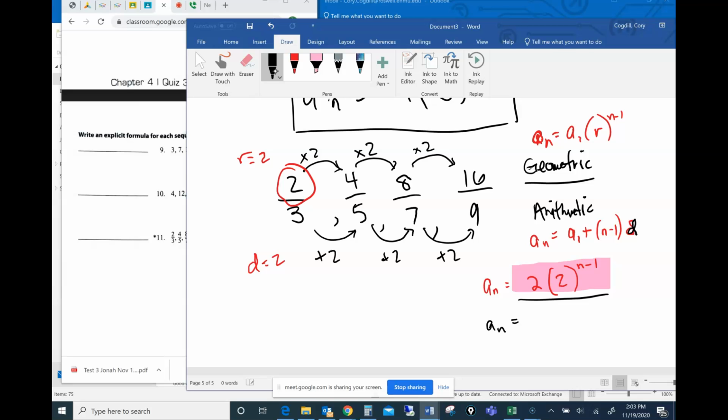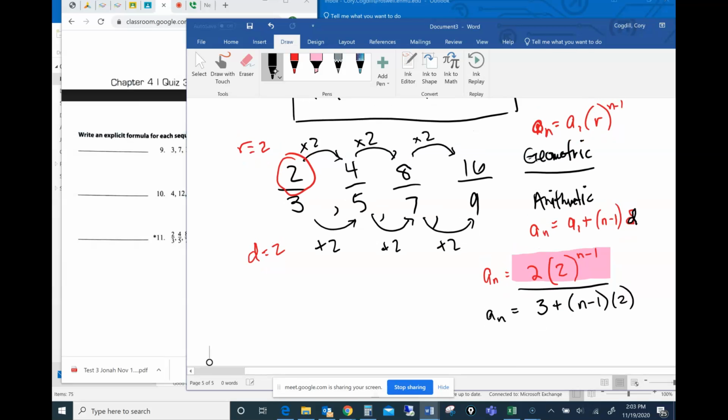So a1 is 3, and d is plus 2. d is 2, right? So can we simplify that a little bit? Distribute. So that becomes 2n minus 2 plus 3.